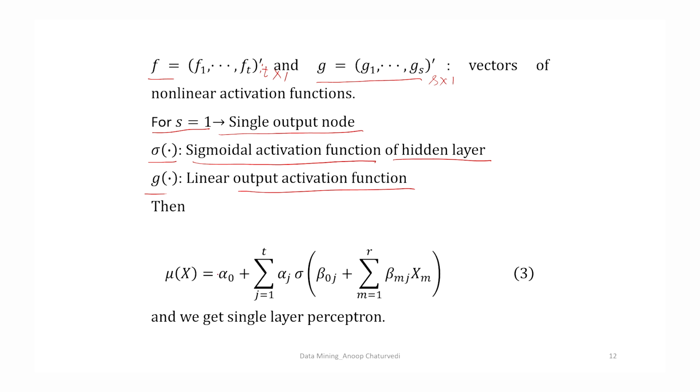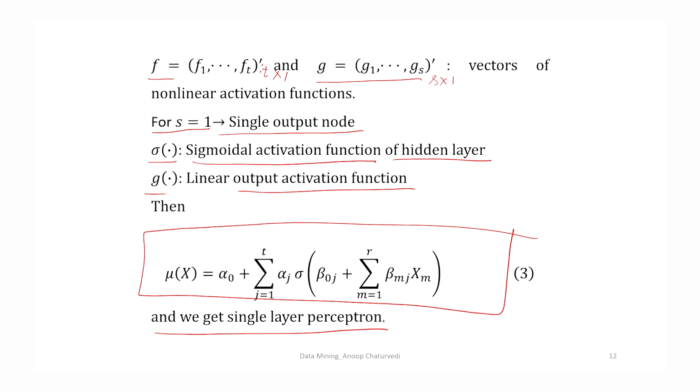Then mu x is equal to alpha naught, since G is linear, plus summation j equal to 1 to t alpha j sigma of beta naught j plus summation m equal to 1 to r beta m j x m. And then we get the single layer perceptron. So, single layer perceptron is a special case of multi-layer perceptron.